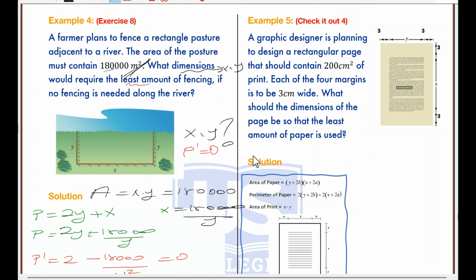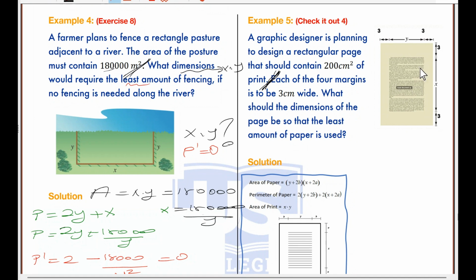Okay, another type of question. Check it out: paper questions. The solution will be kind of long, but it is easy. A graphic designer is planning to design a rectangular page that should contain 200 centimeters squared of print. So we are looking for the area of the print.